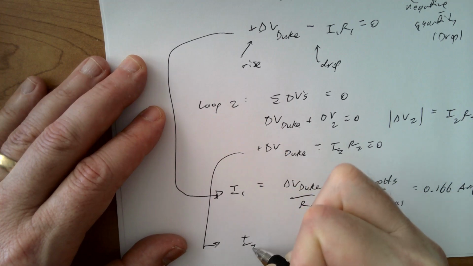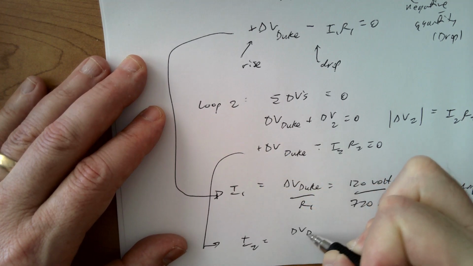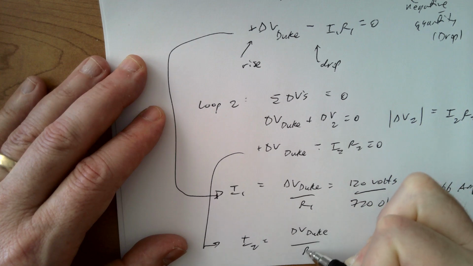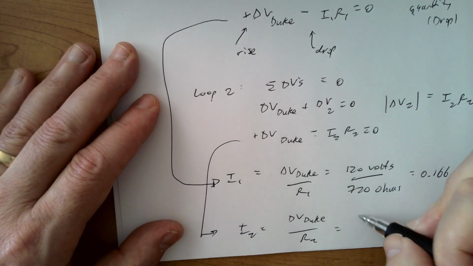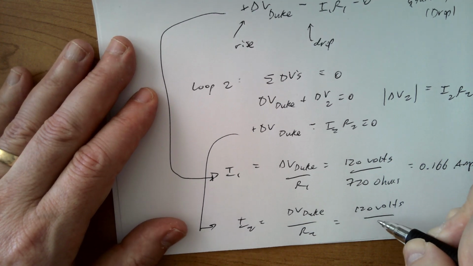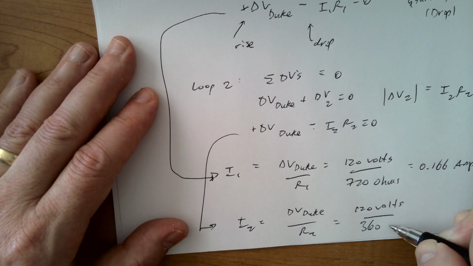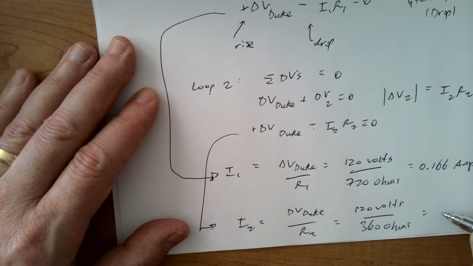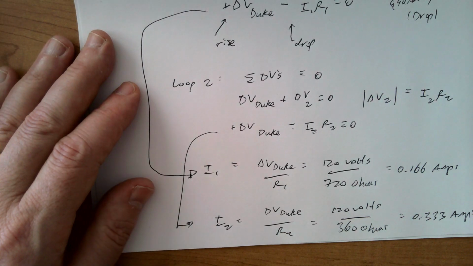I'm going to get I2 is delta V Duke over R2. That's 120 volts over 360 ohms. That's 0.333 amps. Alright, so from our loop rules we find the current.